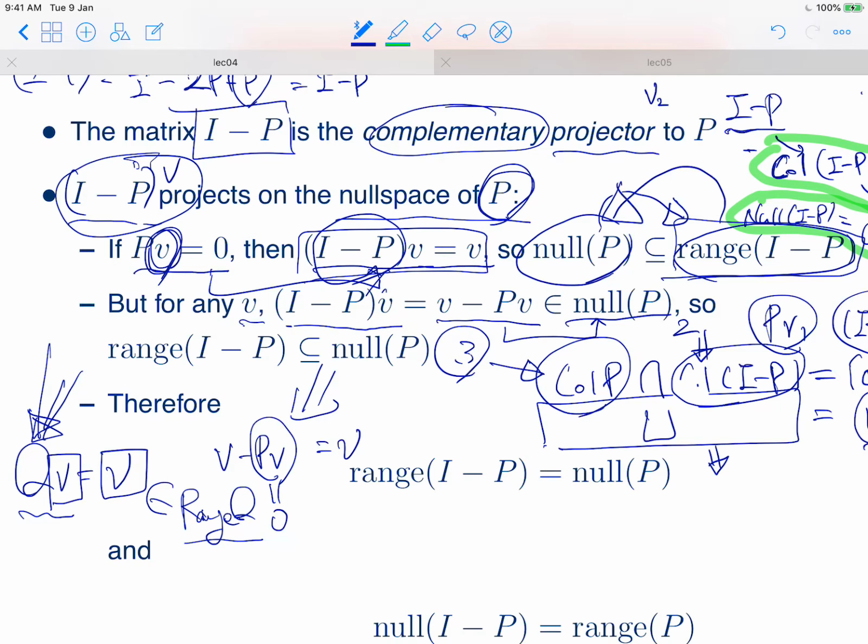Okay, so here, let's see. This is not an assumption, but once we rewrite V minus PV, we know it is represented as I minus P times V, which is just a starting point.